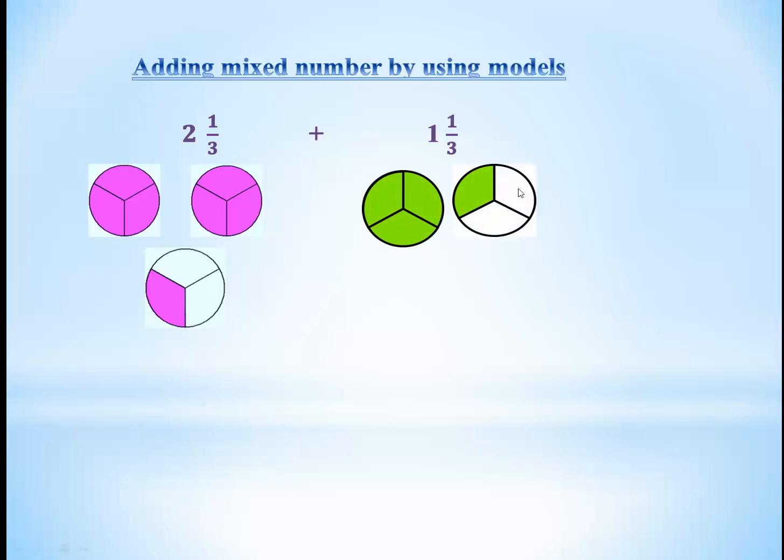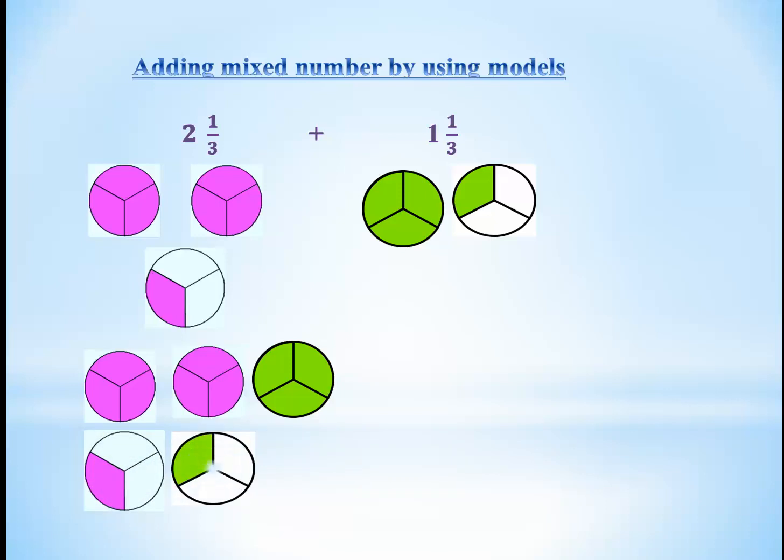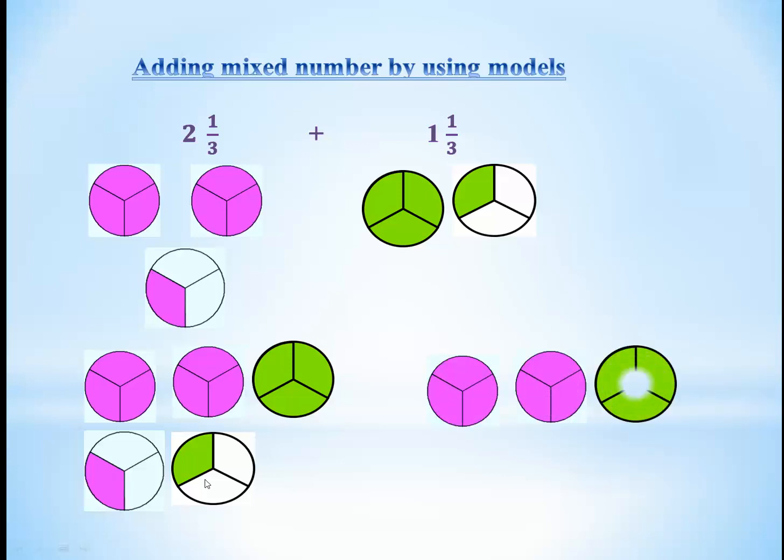Let's collect the wholes together, and collect the fractions, the thirds, together. So here we have a third and a third. Then collect the third and third. It will be 2/3. So the answer will be, yes, here we have how many wholes? 1, 2, 3. So it will be 3 wholes and the fraction 2/3.